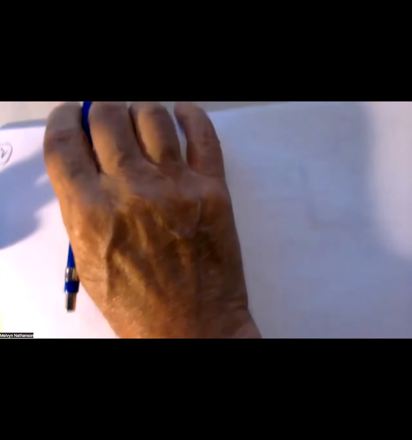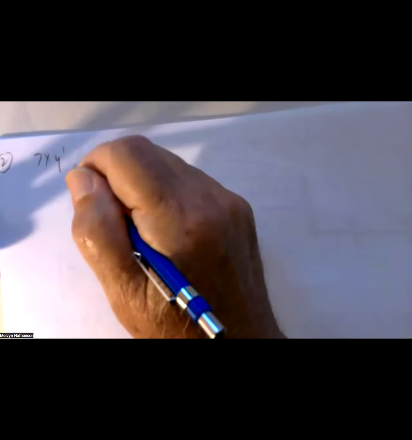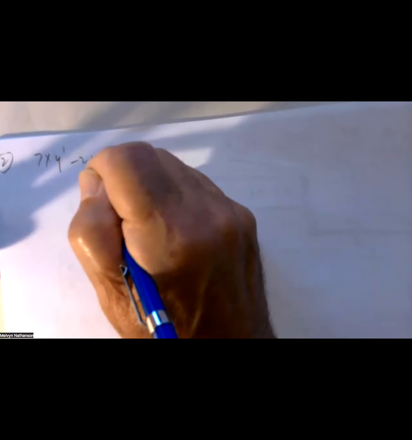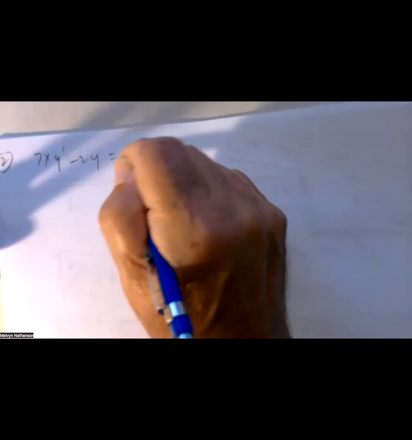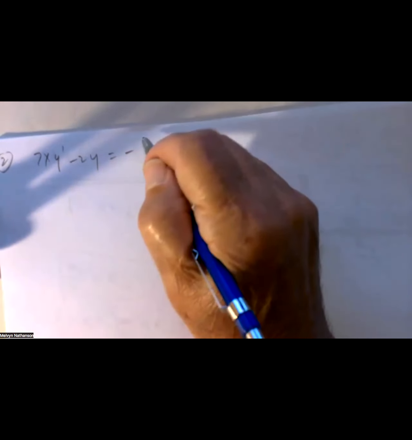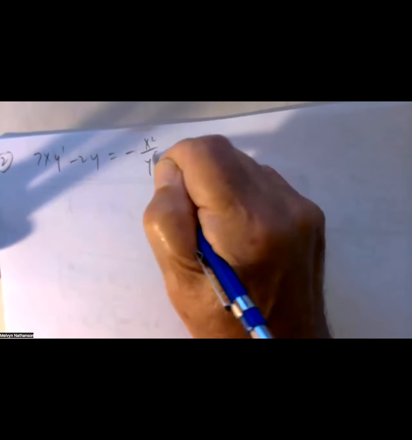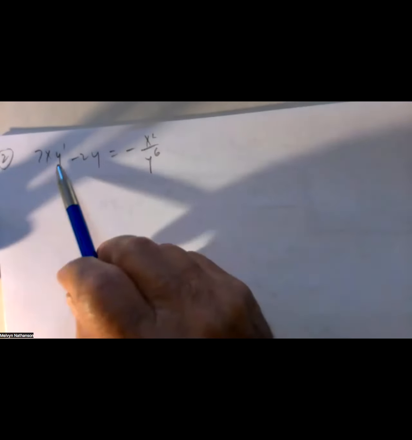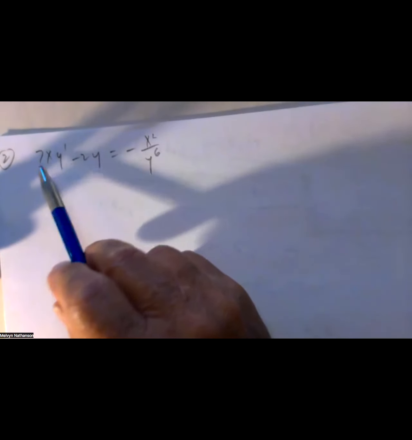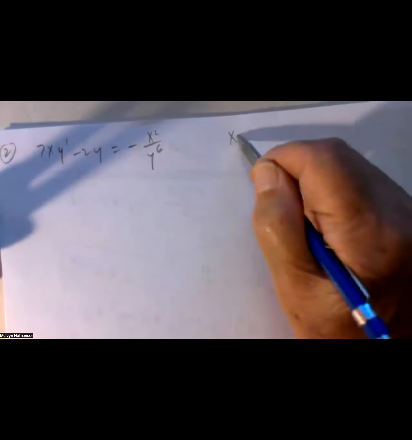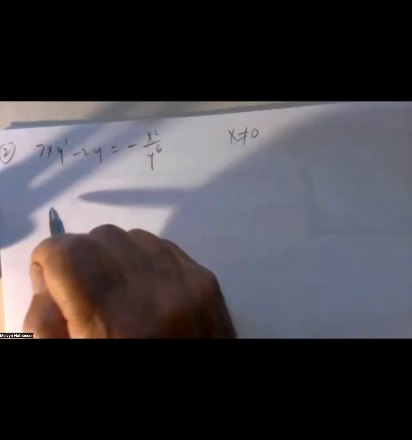Problem number 2 is to solve the equation 7xy prime minus 2y equals minus x squared over y to the 6th. So this is not exactly in the form of a Bernoulli equation because I don't have y prime, I have 7xy prime. But for x different from 0, I can divide by 7x.